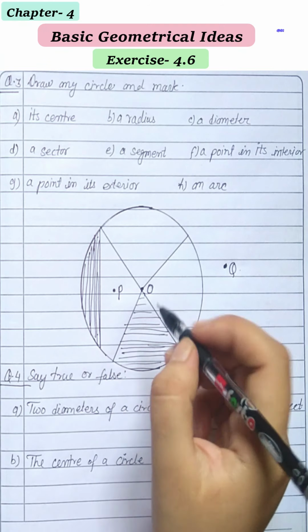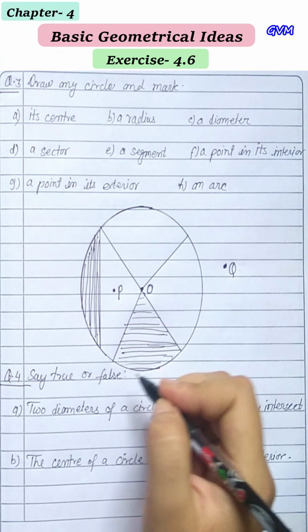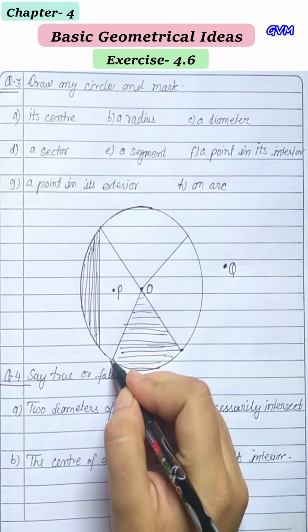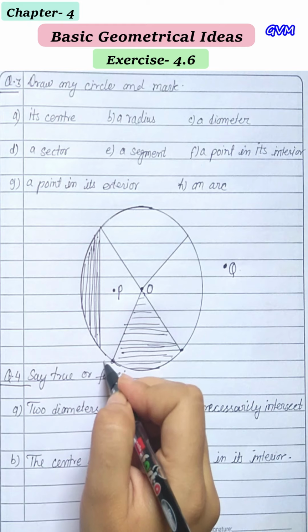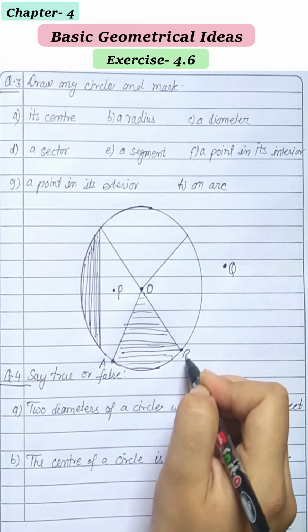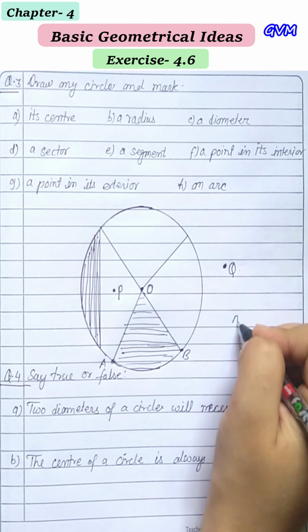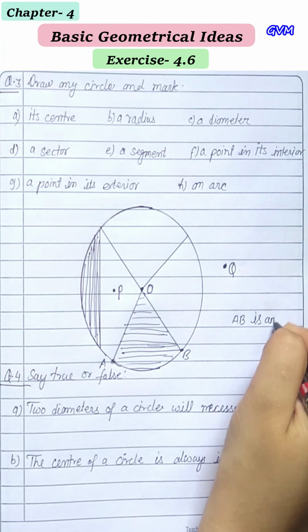So an arc we can name any arc, this or this. So name it AB. So AB is an arc.